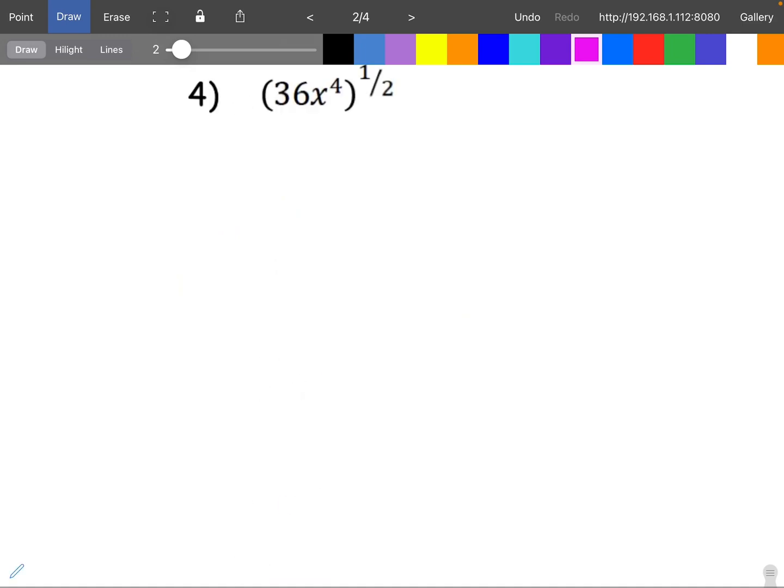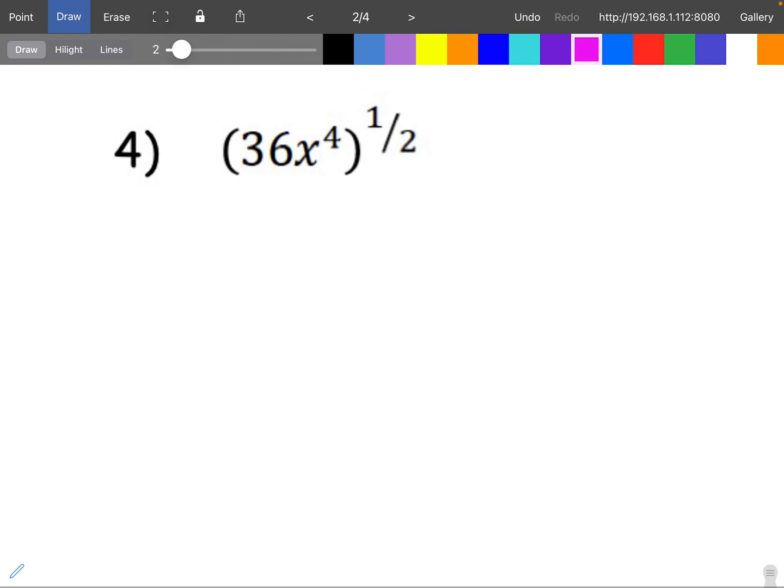All right, for number 4, we have 36x to the 4th inside of parentheses and being raised to the 1/2 power. Now, because all of this is in parentheses, that tells me that all of it is going to be inside the radical. And what kind of radical is it going to be?